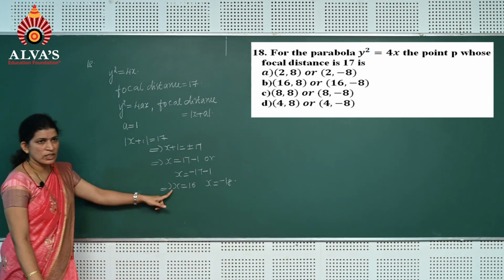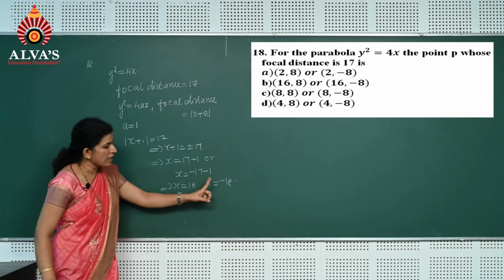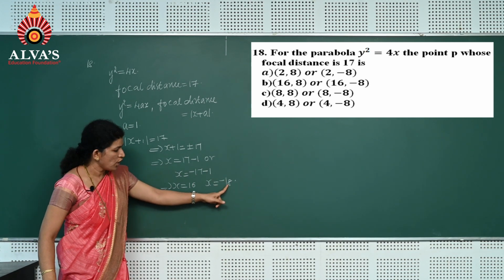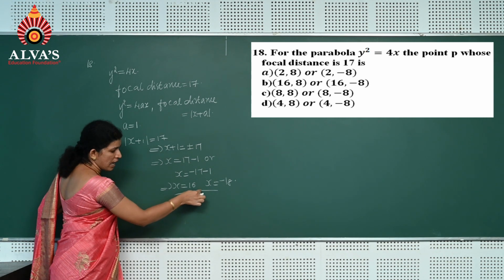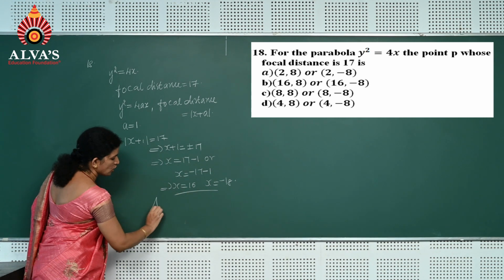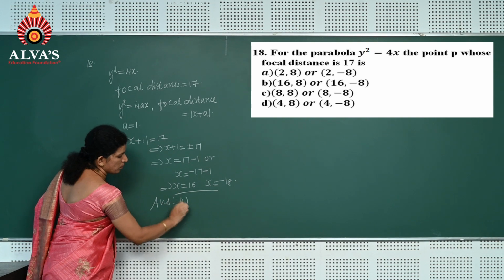See, we got one x coordinate, that is 16, another x coordinate is minus 18. You can see that in the options only one option has x coordinate 16, so that answer is B.